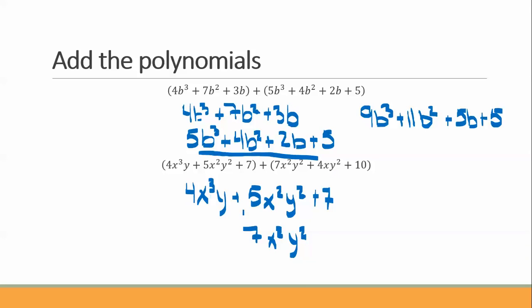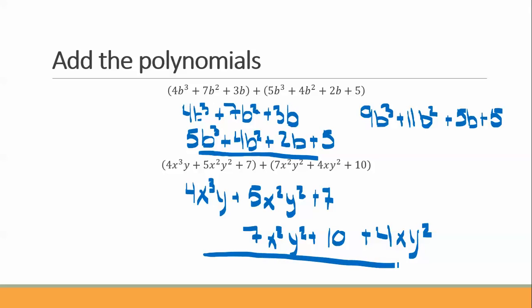That's not like this one, so we're going to put it off here, plus 4xy squared. Remember, addition is commutative, so we can add in any order. And then plus 10. This is plus 7, so we're going to put the plus 10 under the plus 7.